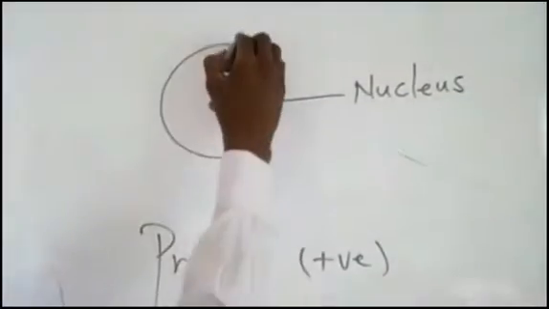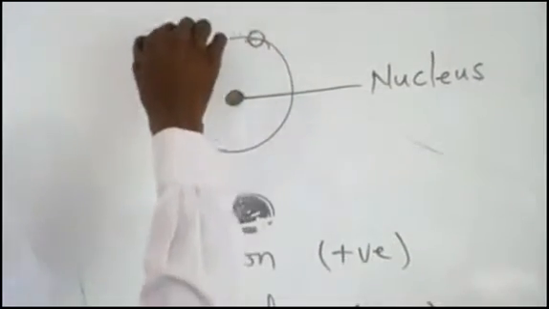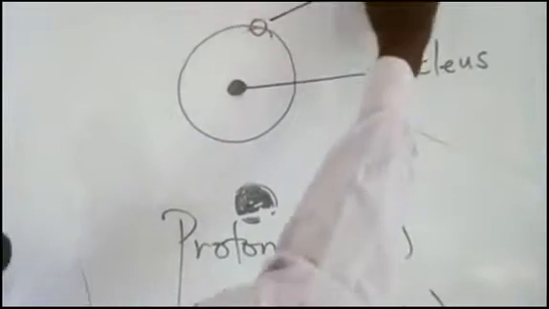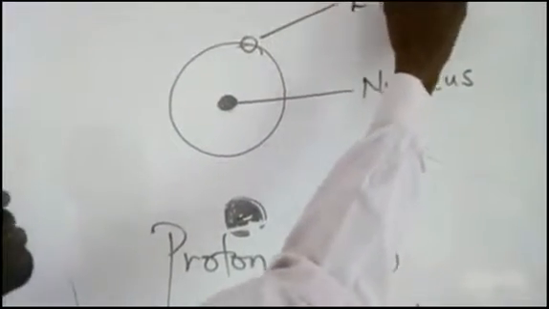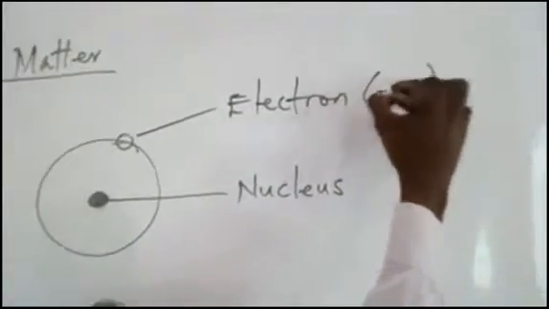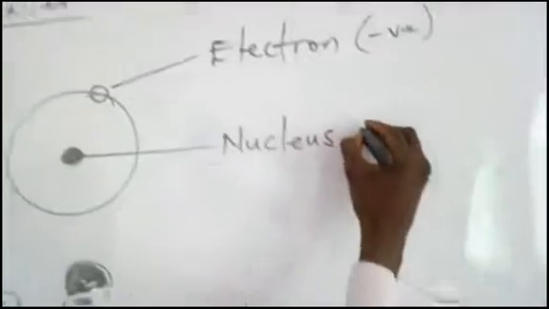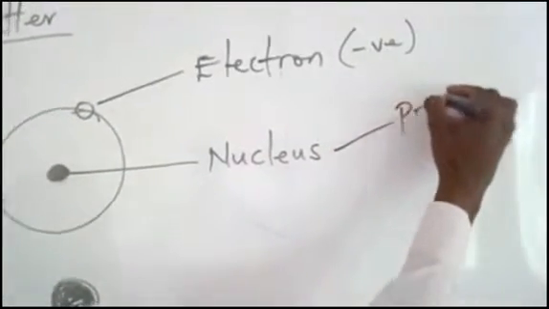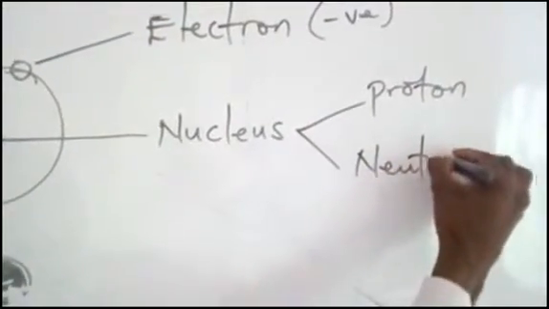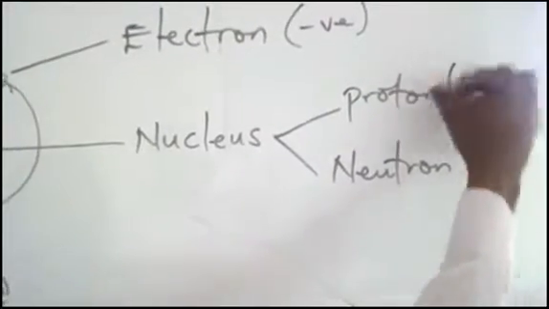Then we have the electrons revolving around the nucleus, moving around it. The electron is negatively charged, as I said. But inside this nucleus, in the middle, we have the proton and neutron. Remember, the proton is positively charged, while the neutron has no charge.